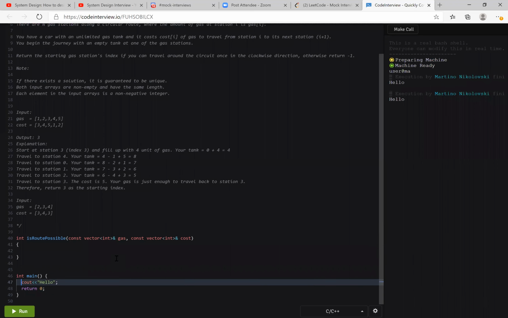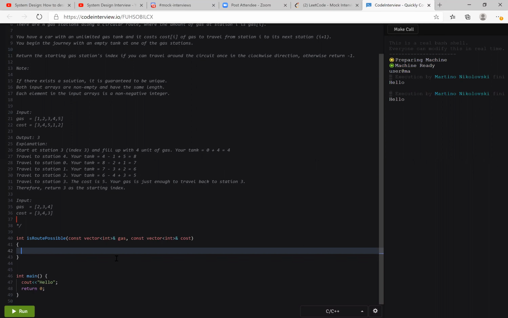I go to the gas for each index. I'm trying that solution, starting there and manipulating it: plus gas, minus cost, plus gas, minus cost. That's it, right?